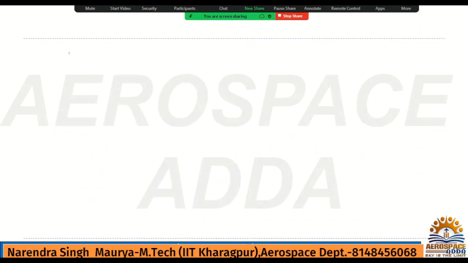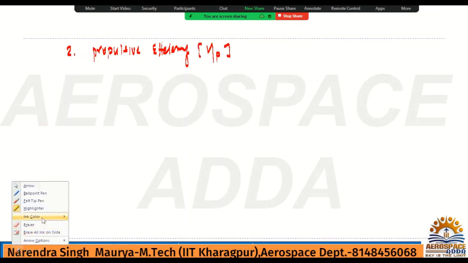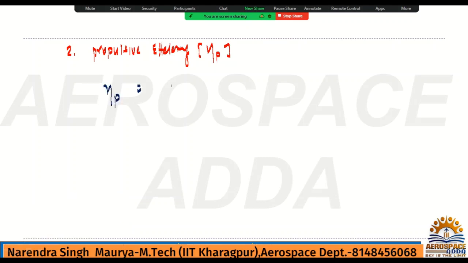So point 2, propulsive efficiency. Just like in jet propulsion we had seen propulsive efficiency, we have propulsive efficiency for the rocket propulsion system also. First I will write in words. Eta p is nothing but thrust power divided by engine output power.